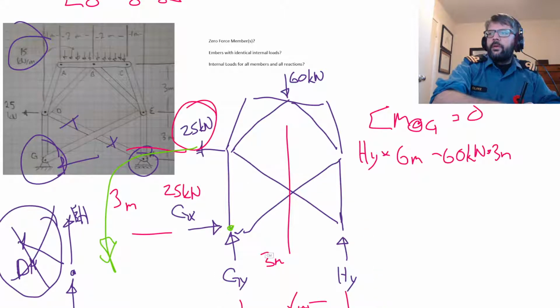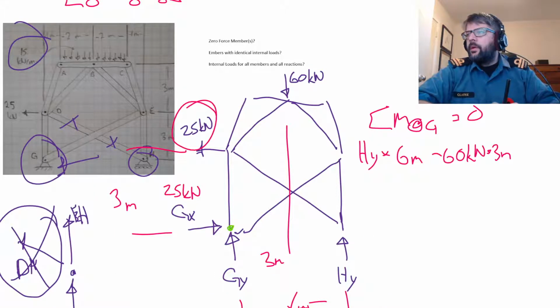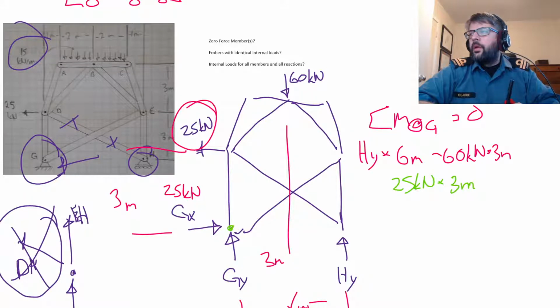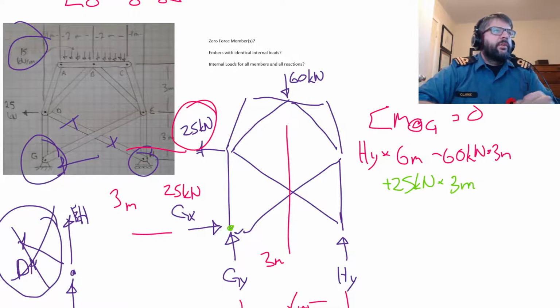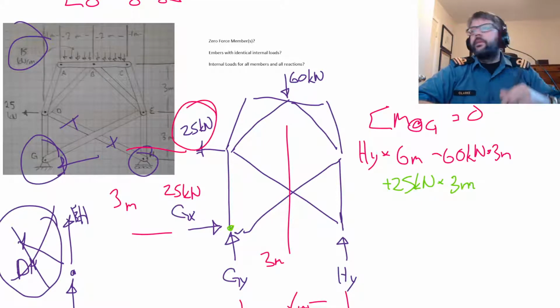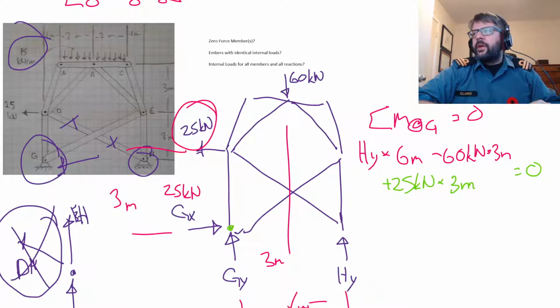So we're looking at positive on the HY one, positive on the 25 kilonewton one, and negative on the 60 kilonewton one, and all that is equal to 0.